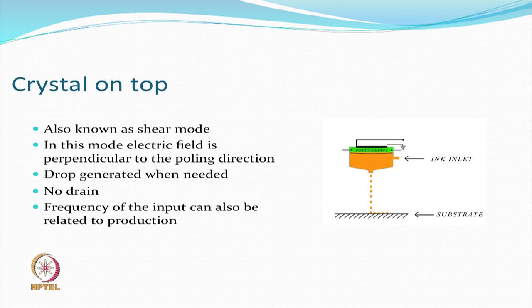The frequency of the input can be varied, and this frequency will definitely be related to production. Production in inkjet would be considered as how many drops have been produced in time. We can also say that production is in terms of how much ink has been consumed, so the frequency with which it is operating would finally decide the production.